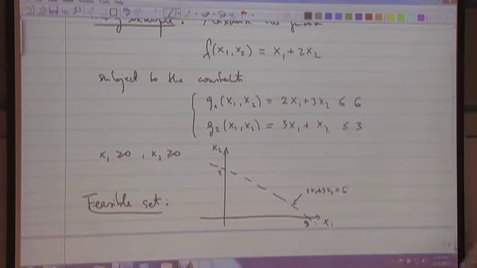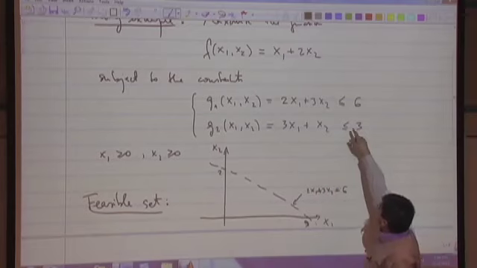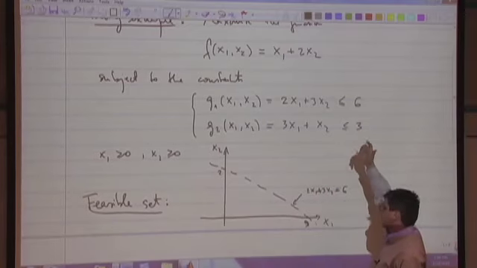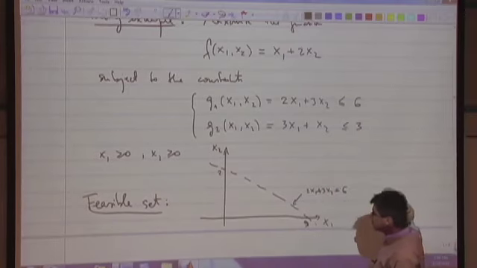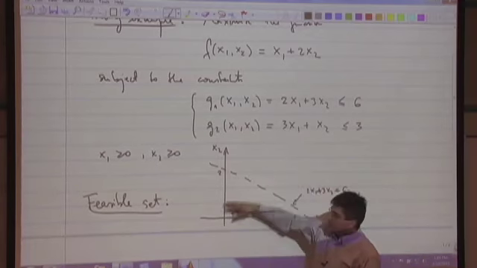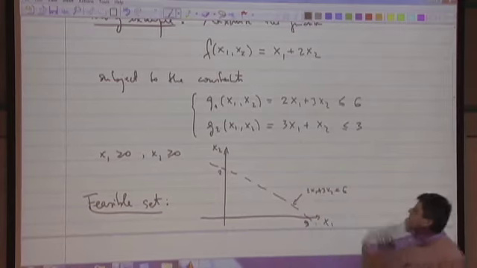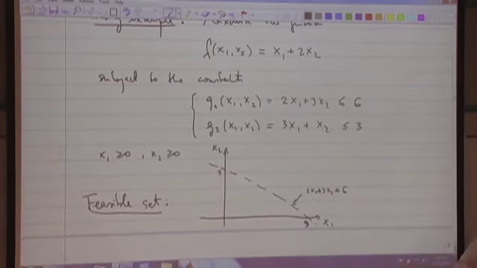And so how do we determine which half plane corresponds to the inequality less than or equal to? Is it this half plane or this half plane? The bottom one, because we could take 0, 0 and verify that it actually satisfies the inequality. So it's the lower half plane for this first one.